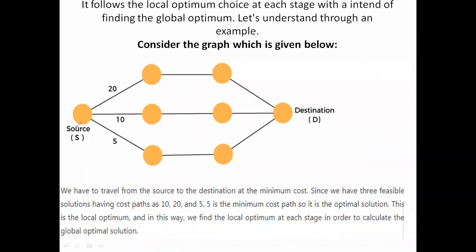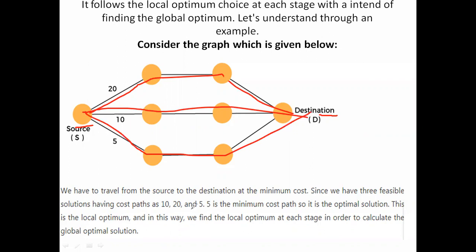In this example, this is the source and this is the destination. There are three possible solutions: this is one way to reach the destination, this is another way, and this is another. You have to travel from the source to the destination at minimum cost. The three possible solutions cost 10, 25, and 5.